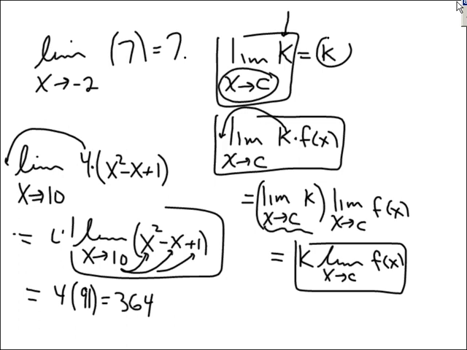Another nice rule, and it makes sense because it's reasonable. Anything that's reasonable works with limits. If it says to add, it's not reasonable to multiply. If it says to subtract, it's not reasonable to divide.